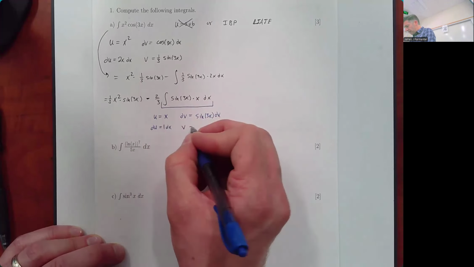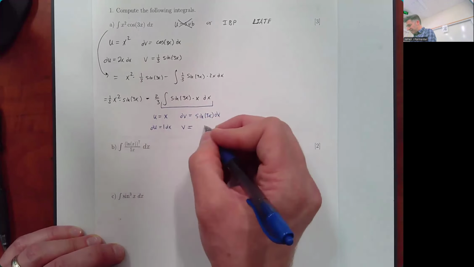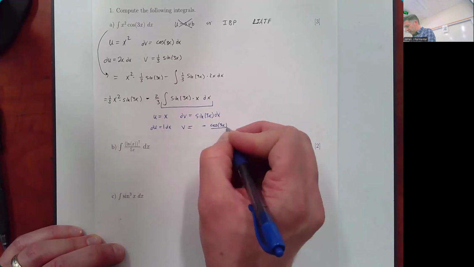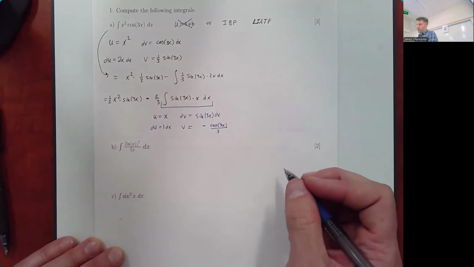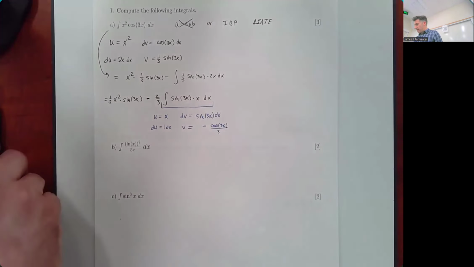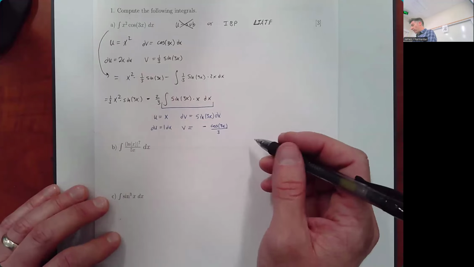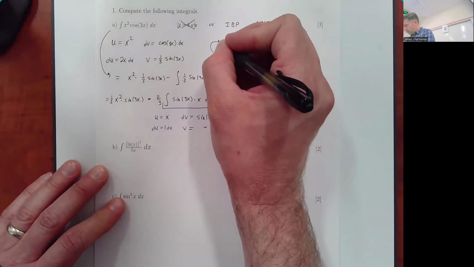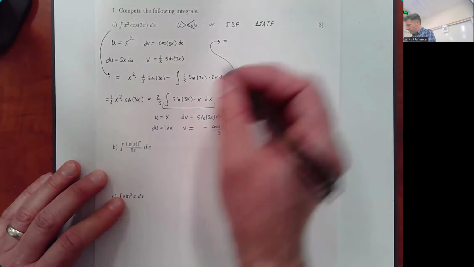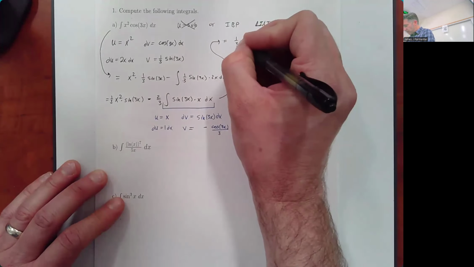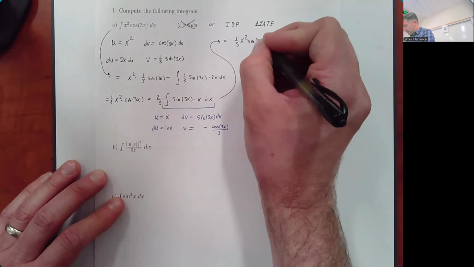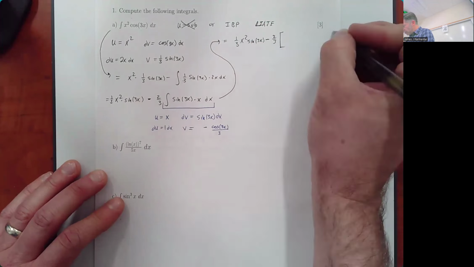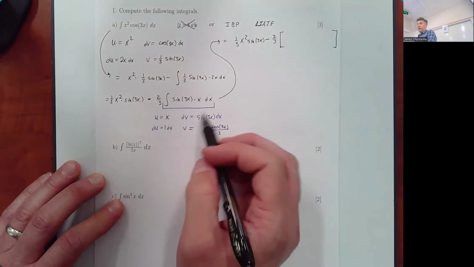And our v, the antiderivative of sine of 3x is negative cosine of 3x divided by 3, or times 1/3, but I wrote divided by 3. So then, I feel like there's not quite enough space here to write this, but that's fine. We're going to get that this is equal to the first part here, 1/3 x squared times sine of 3x, minus 2/3 times the entire integration by parts for sine of 3x times x.